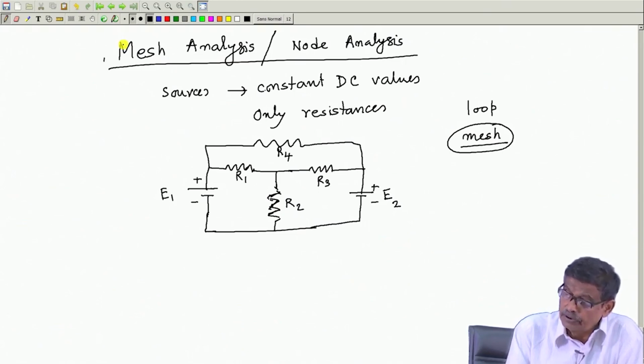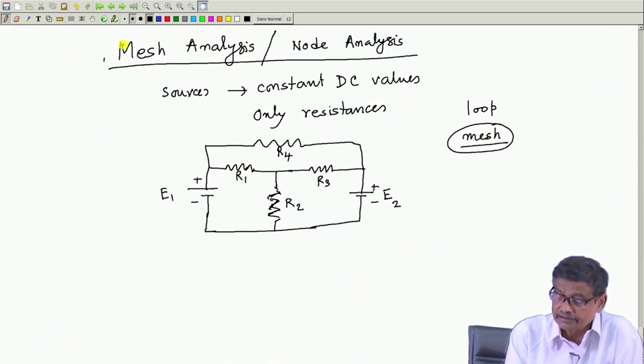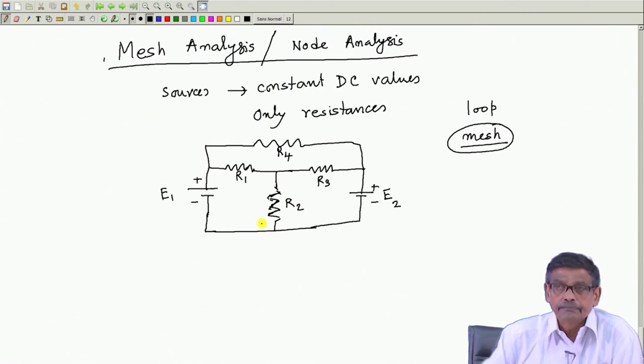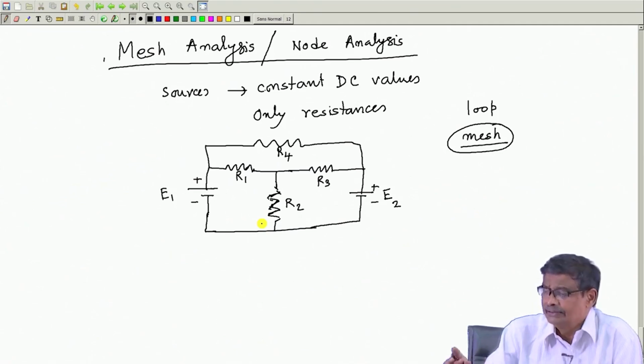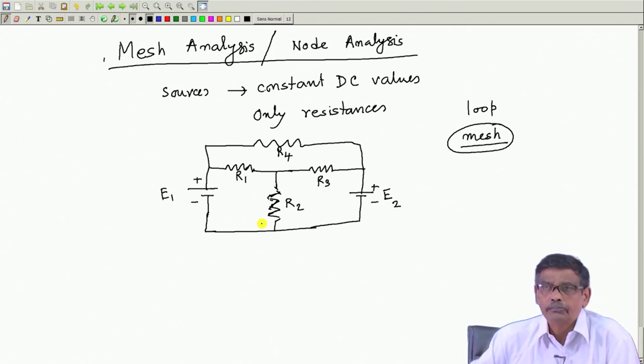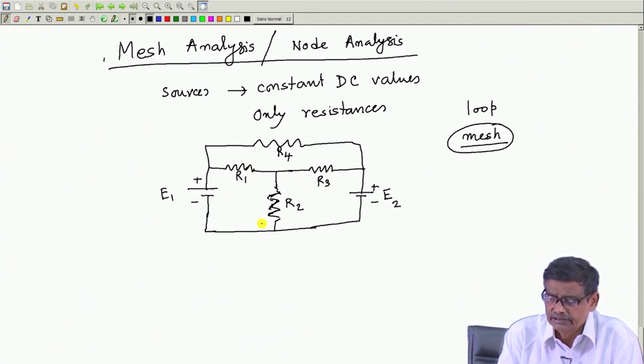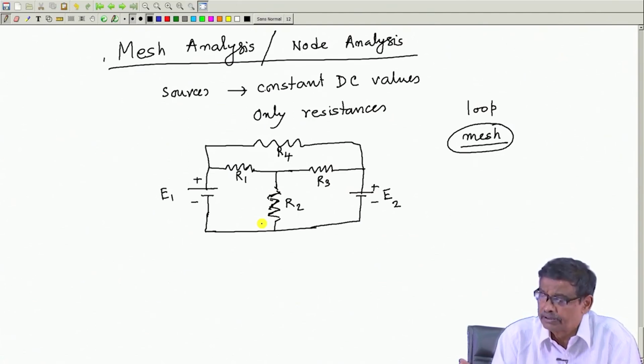If so, in this network there are 3 meshes. This is 1, this is 2, and this is 3. The mesh analysis tells you that you assume the mesh currents. So, I can say that all meshes are loops, but all loops are not meshes. Obvious. This is a loop, this loop is nothing but a mesh, this is also a loop, nothing but a mesh.